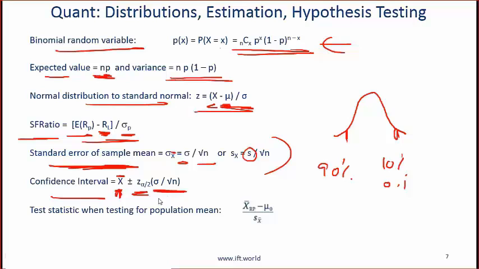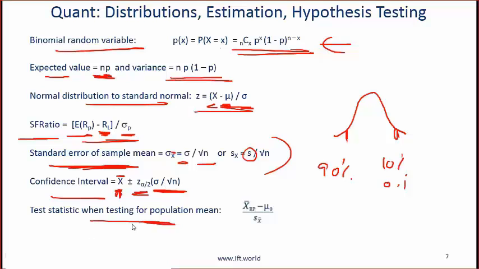And then the next point is the standard error of the sample mean, which is sigma over root n. If you do not have the sigma from the population, then you simply use the s from the sample, and then you would be doing the t-test if you do not know the population variance.